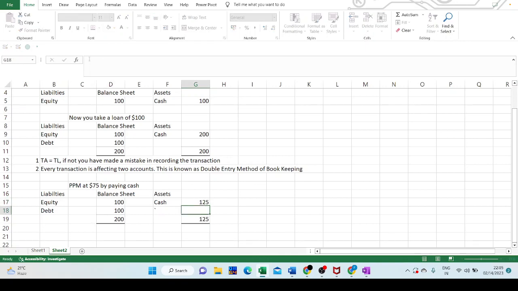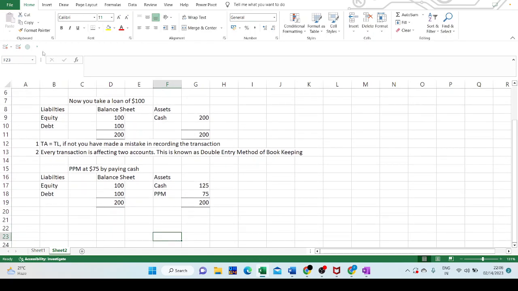And guys, PPM, property, plant and machinery, would be recorded at cost price of $75. Okay. So my balance sheet is again tallied. Only cash reduced and we reported property, plant and machinery. Right.